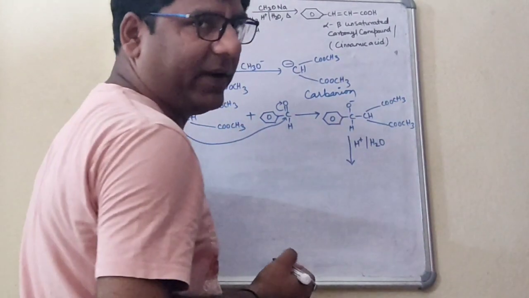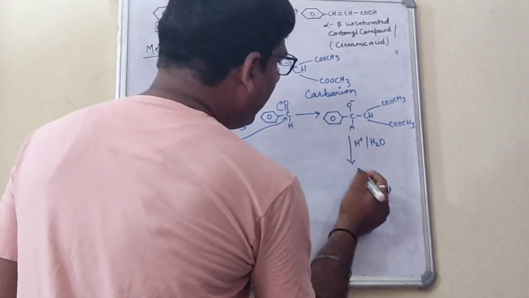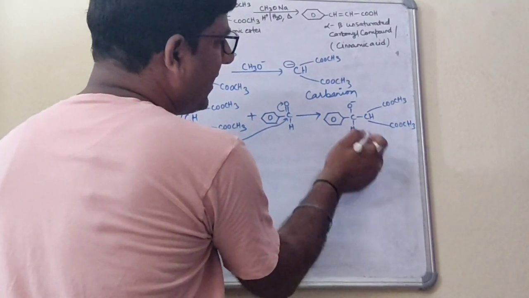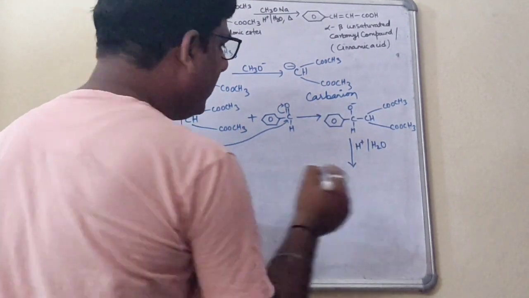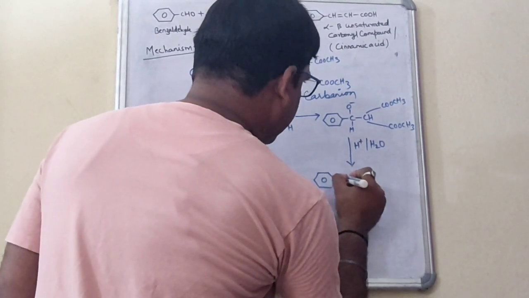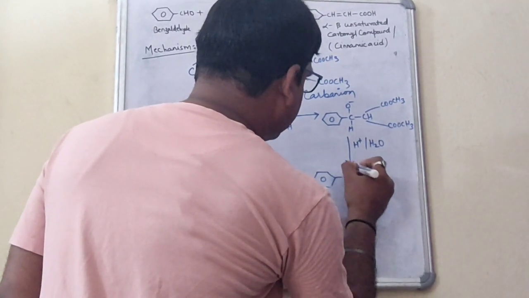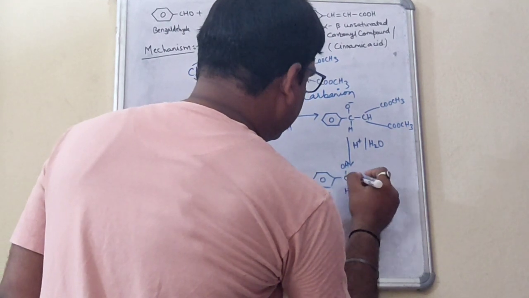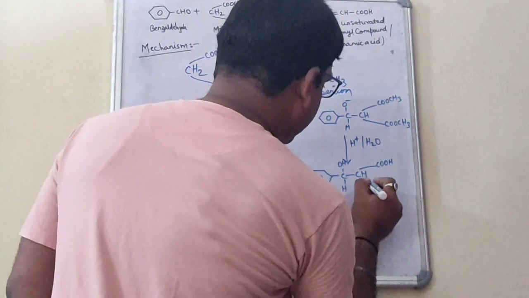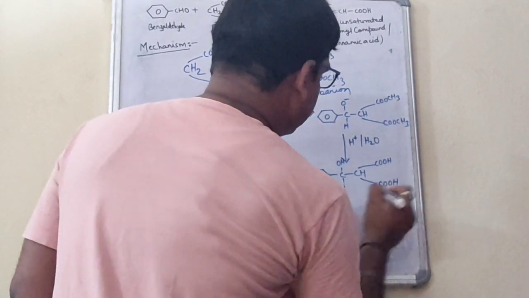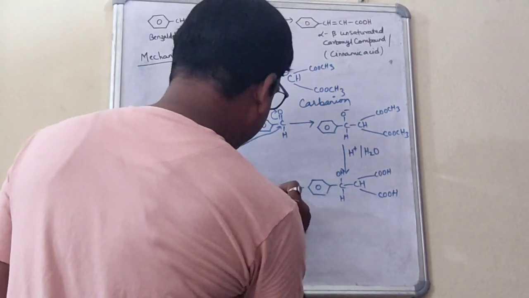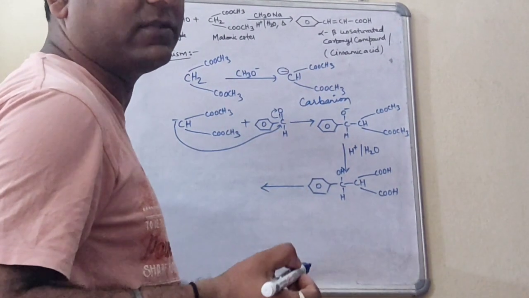This is the solvent effect I am talking about. And one H plus will be taken by this O minus. So in total we get C with OH, H, CH, here COOH, here COOH. Understood, students? Now in the last step, what is there? You have to do the heating as well, right?